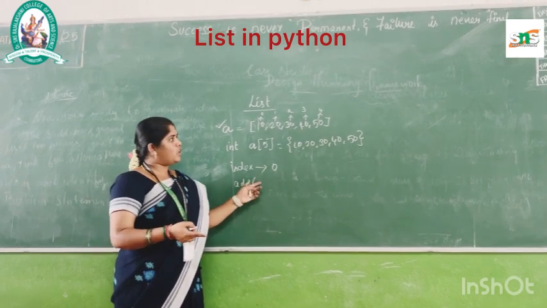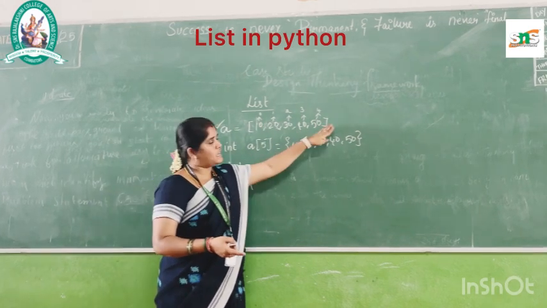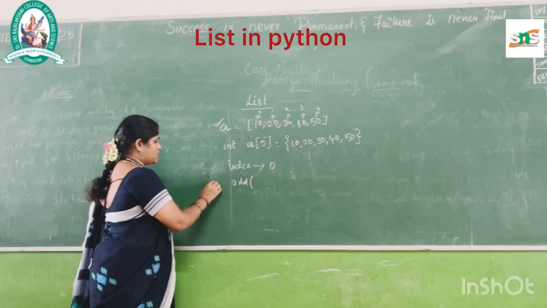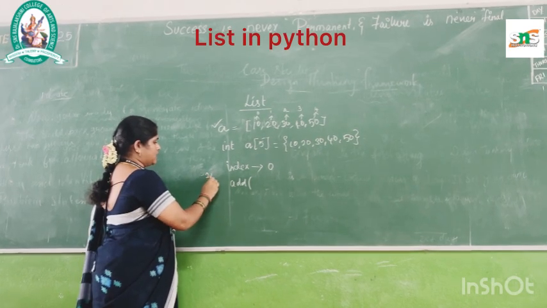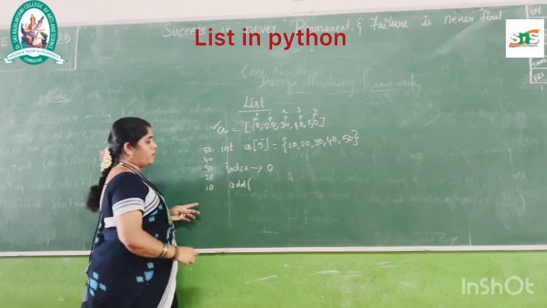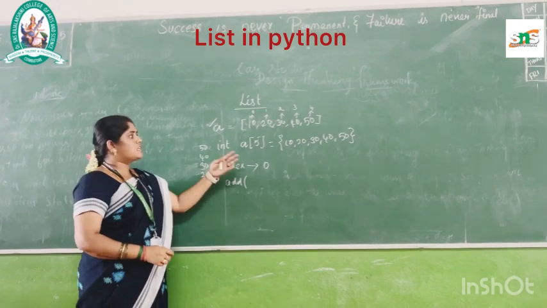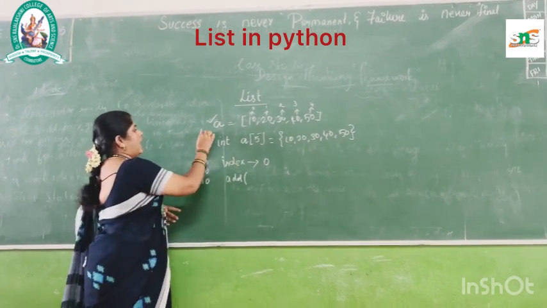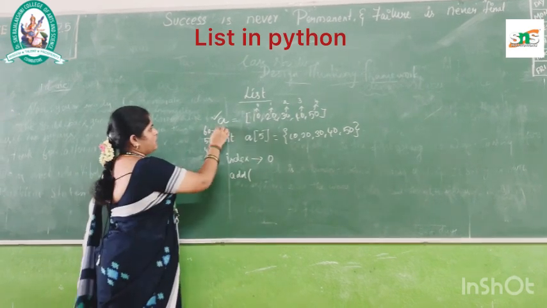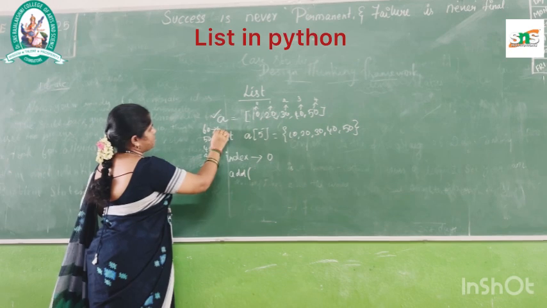The value will be placed at the last index position. For example, 10 is stored first, then 20, 30, 40, 50. Now if I want to add the element 60, it is added after the 50, so its index position will be 5.